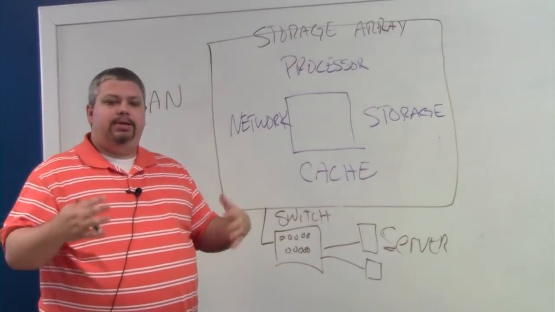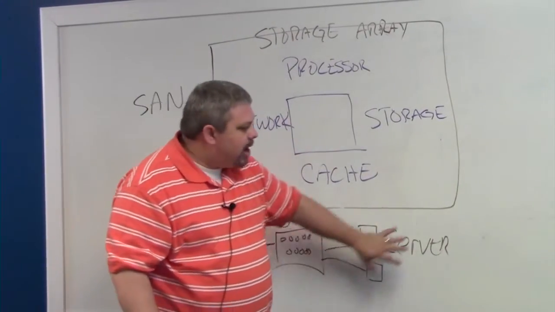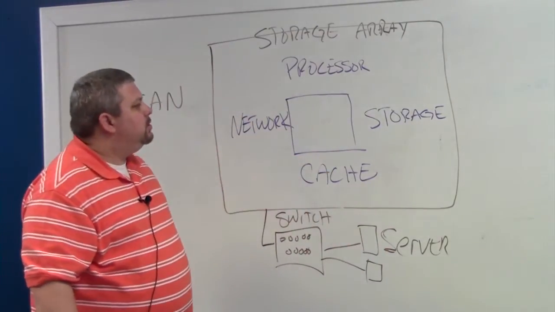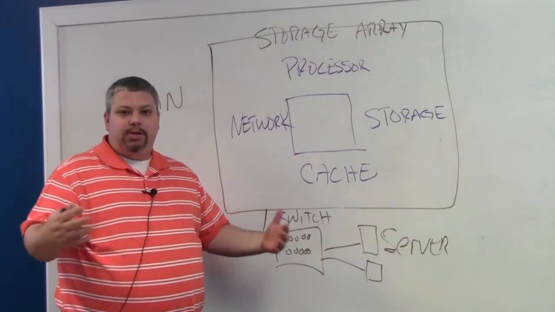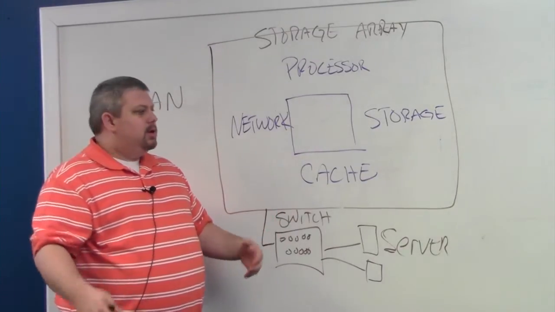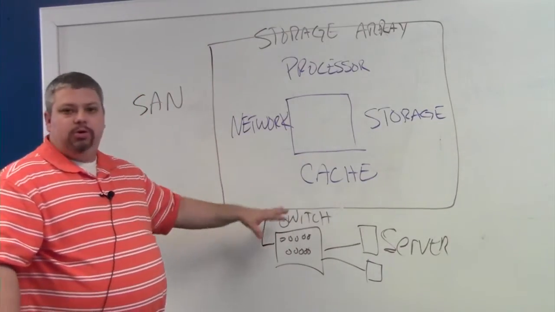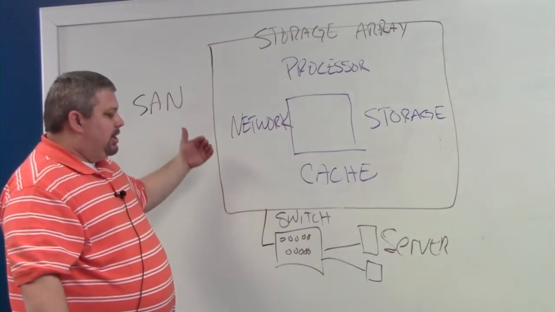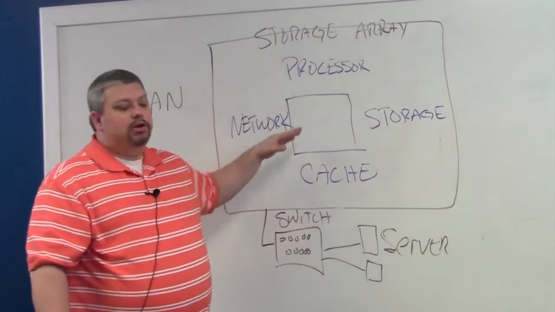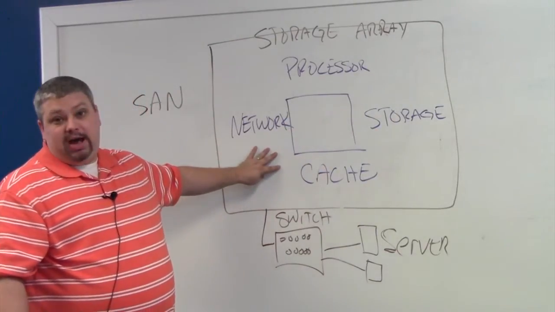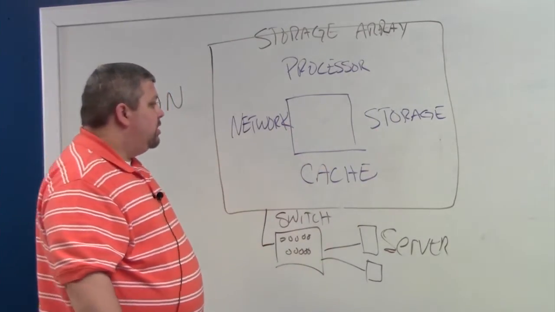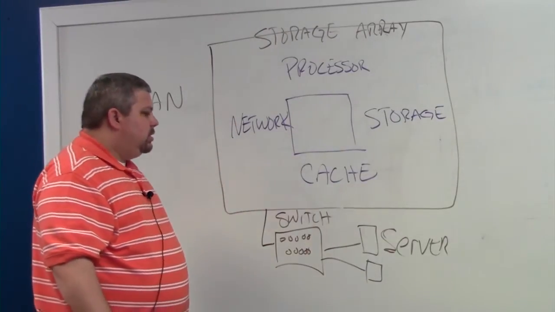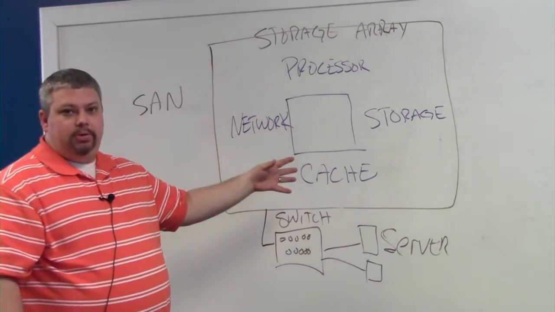But most properly, the term SAN means the entire network, the entire storage infrastructure and how it's put together. So if you're talking with people that are more experienced and have been around storage a long time, and you say SAN, they're probably going to be thinking you're talking about your whole infrastructure, not just the storage device itself. So that gives you a little bit of an overview, and you can see there's a lot of moving parts to it.